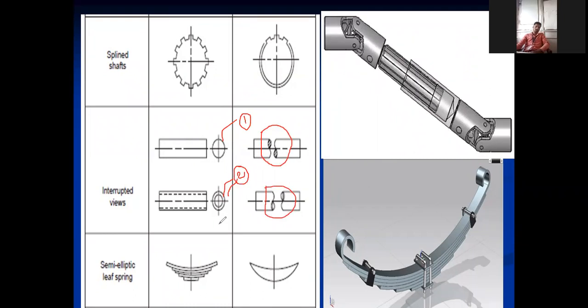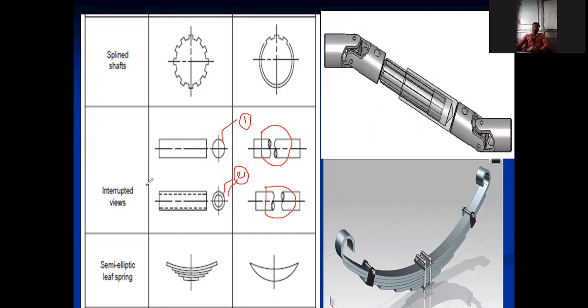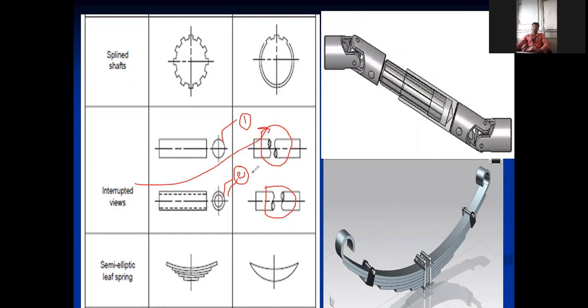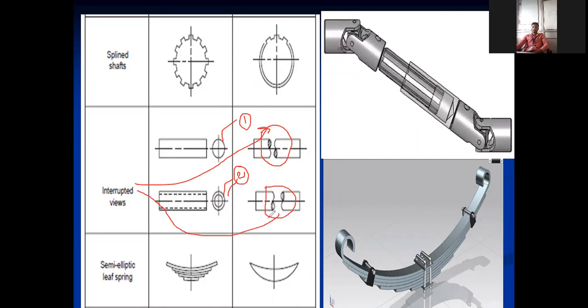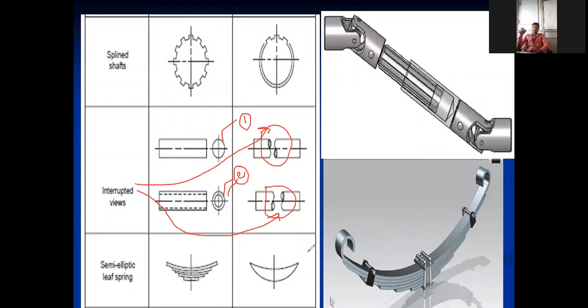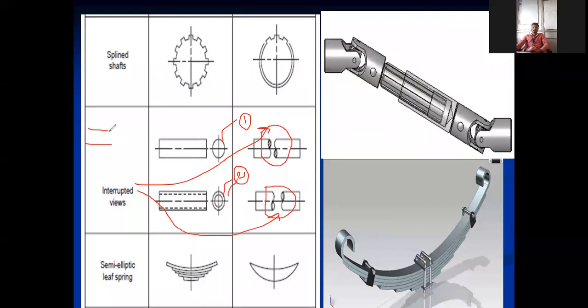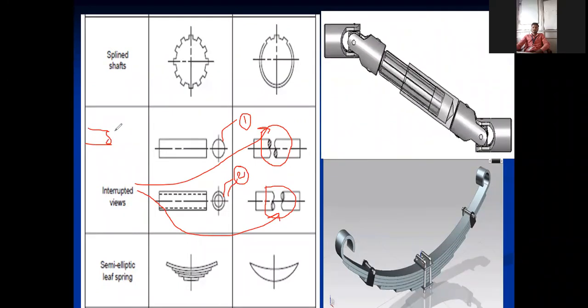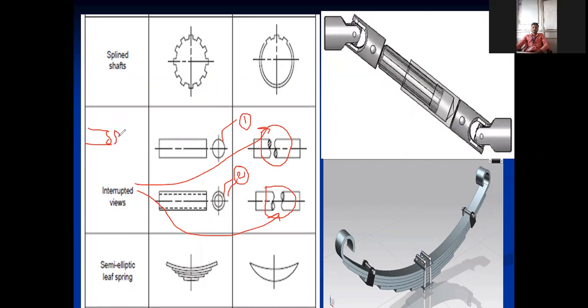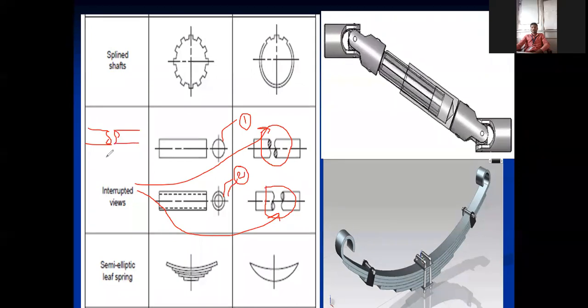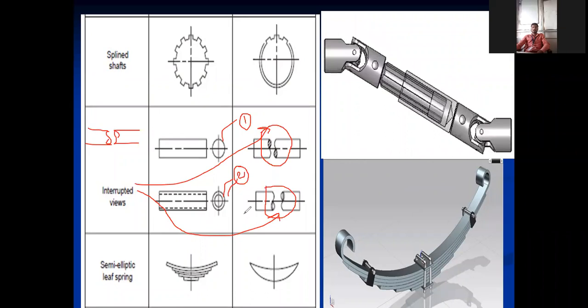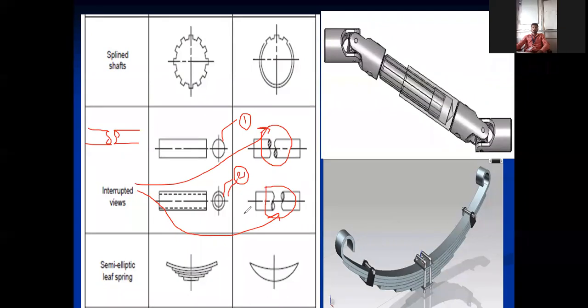Interrupted views are shown something like this. If it is a shaft with splines, such structure is provided, and we say it is an interrupted view.